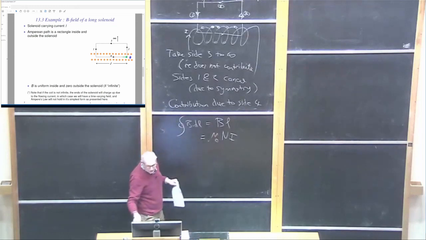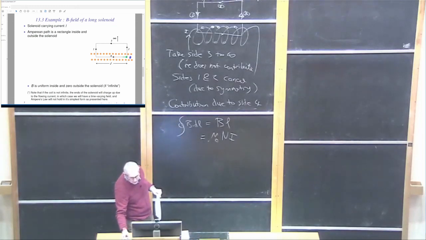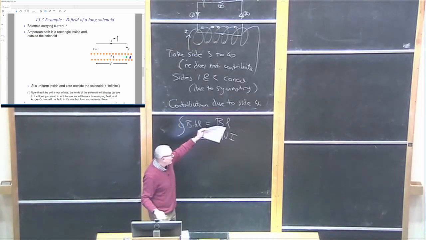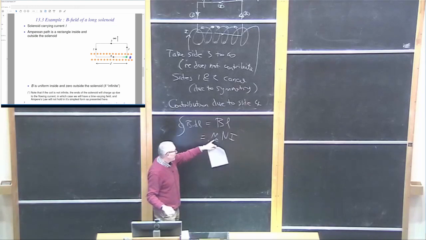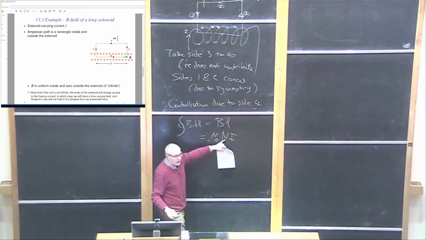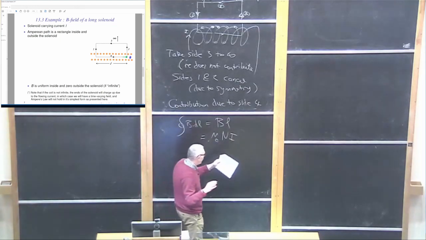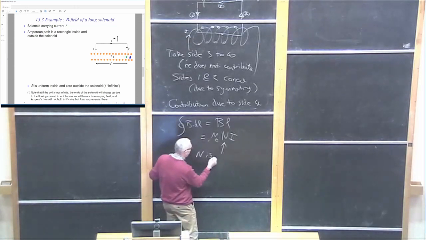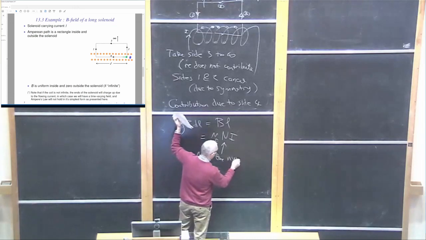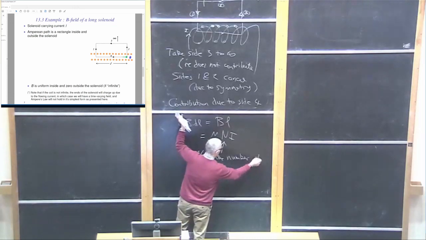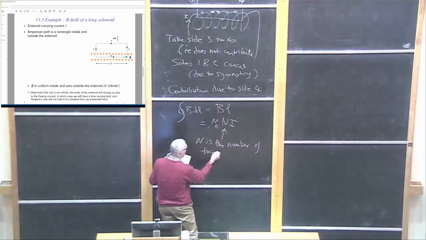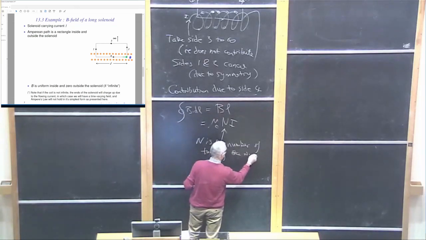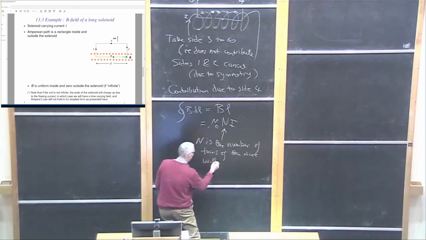And this line integral between there and there is just B times the length, and then that is equal to mu naught I. Now, notice n, right? n is the number of turns of the wire within the Amperian surface.